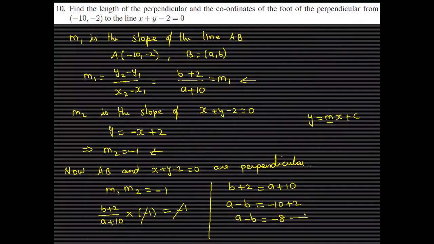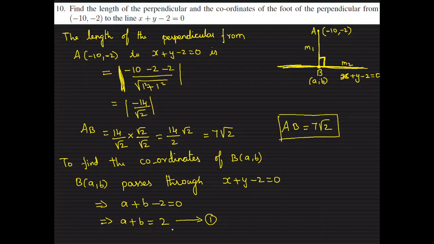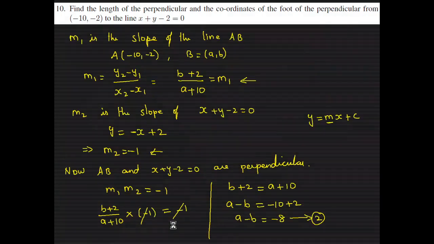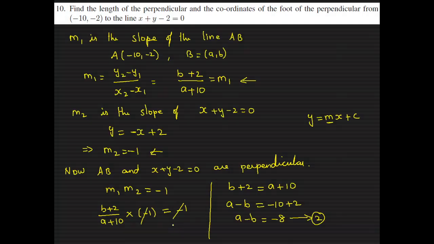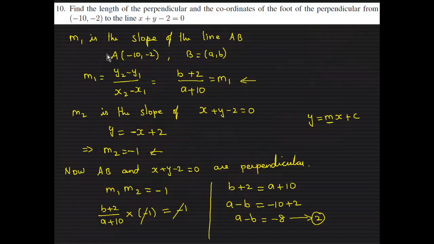Let us name this equation 2. Now I am going to solve equation 1 and equation 2 in order to find the values of a and b. Equation 1 is a + b = 2.